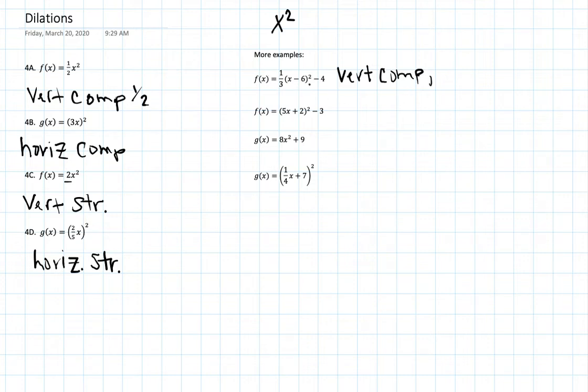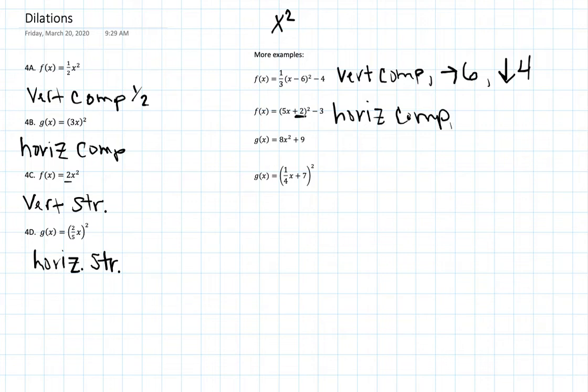Then we have this -6 in parentheses, so that means it's going to the right 6. And then we have -4 outside tacked on at the end, not inside a parentheses or anything, so that means we're going up or down. This means down 4. Here we have a 5 multiplied inside the parentheses. So we're going to have a horizontal compression.